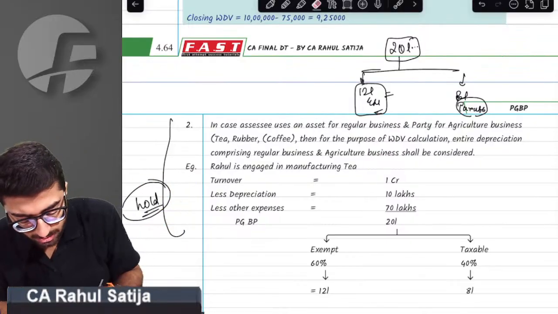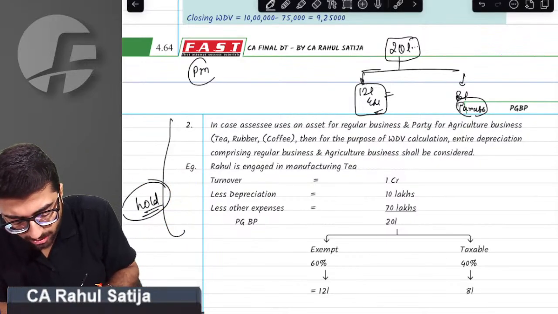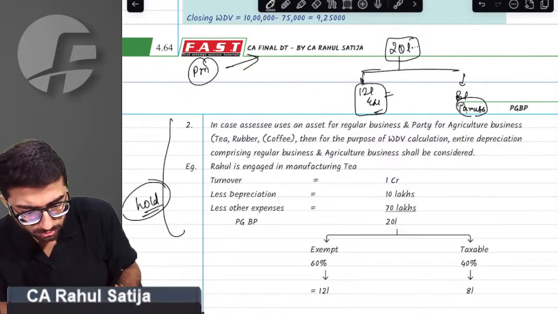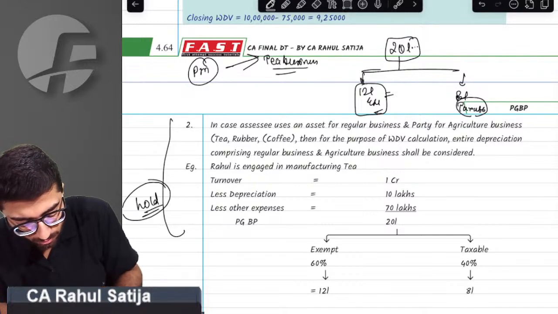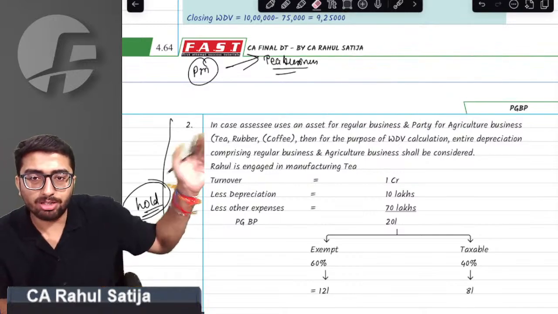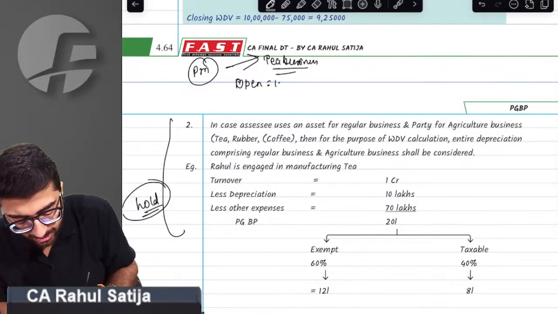For example, if I have plant and machinery used in tea business, the opening block is 10 lakh and depreciation is 1.5 lakh.